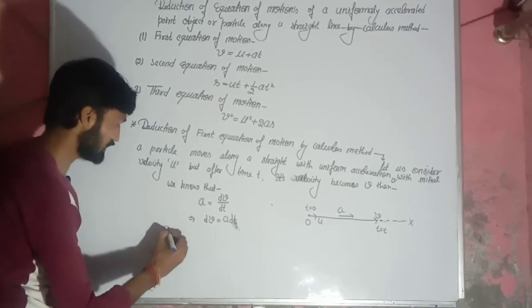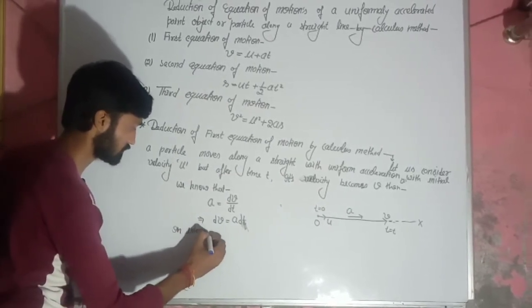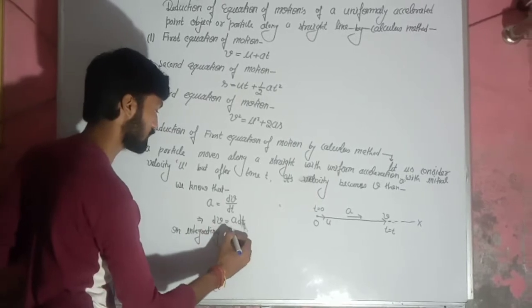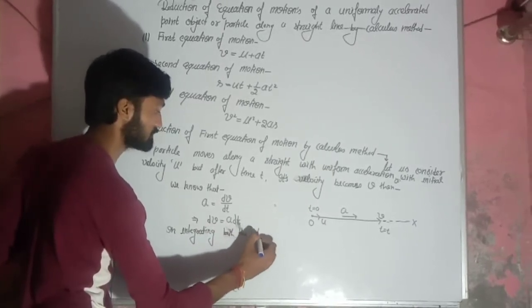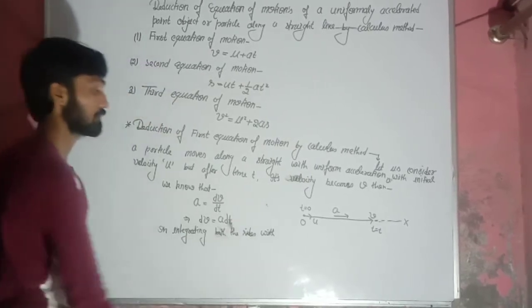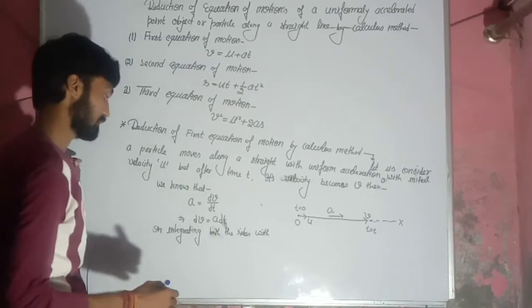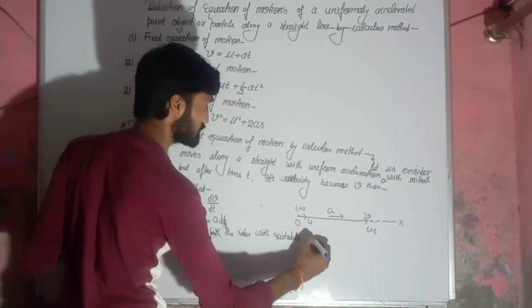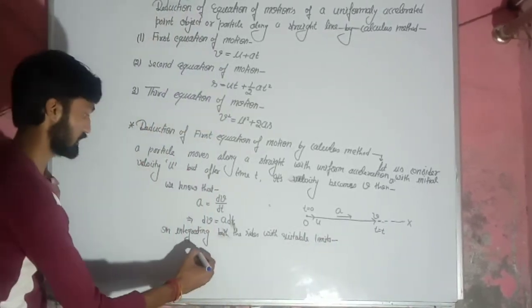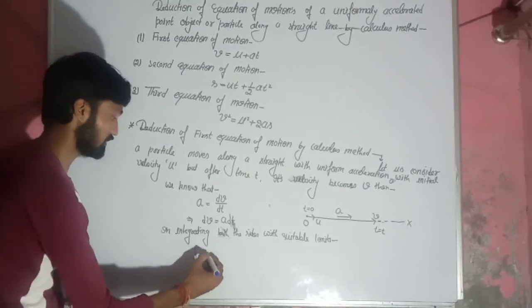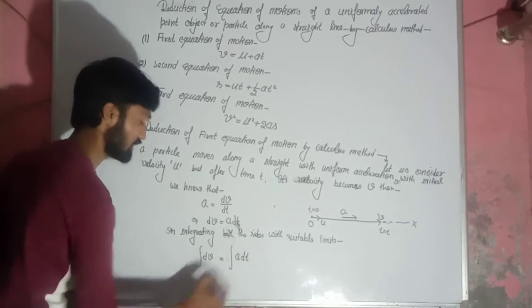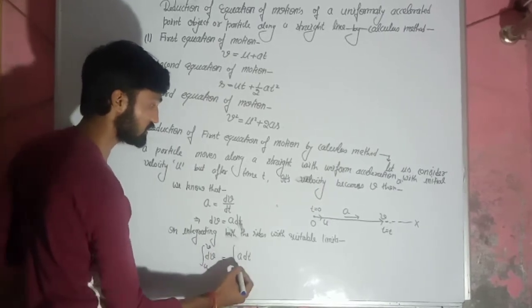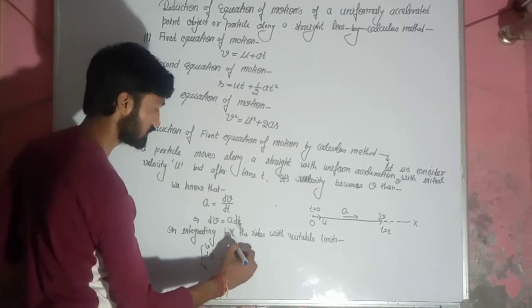Now on integrating both the sides with suitable limits, the integral of dv equals the integral of a dt, where the limit of velocity varies from u to v and the limit of time varies from t equals 0 to t.